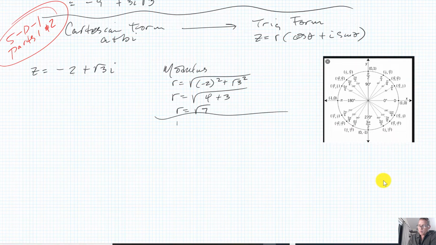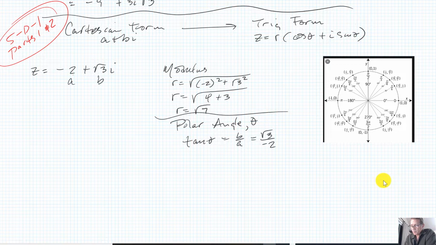Now the polar angle, or what's called the argument theta. Okay, we know that tan theta is b divided by a, and we know that a is negative 2 and b is root 3. So in this case, it's root 3 divided by negative 2.